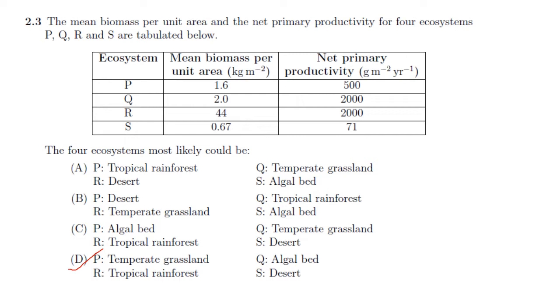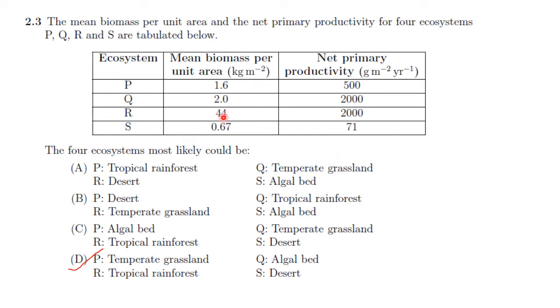The net primary productivity will be highest for the tropical rainforest. So here there are two ecosystems, that is Q and R, where the net primary productivity is 2000. But here the mean biomass per unit area of R is more.